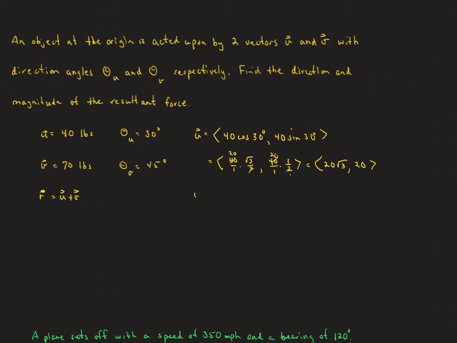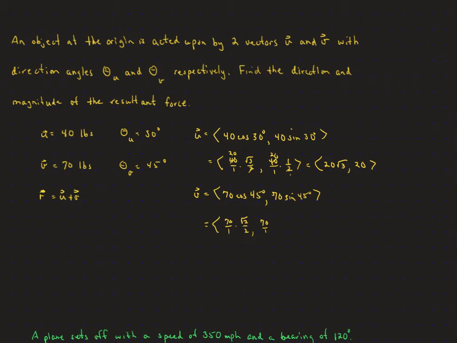In a similar fashion, v is going to be its magnitude, 70, times the cosine of its direction angle, 45 degrees, and the magnitude 70 times the sine of its direction angle. We also know the sine and cosine of 45. For each of them, that's going to be square root of 2 over 2.